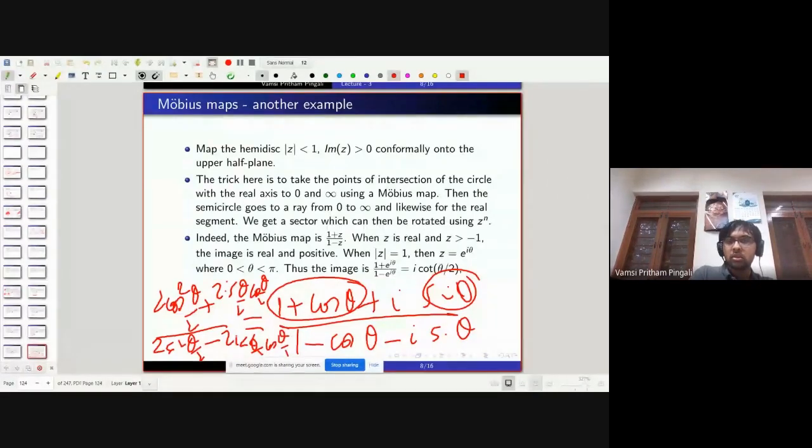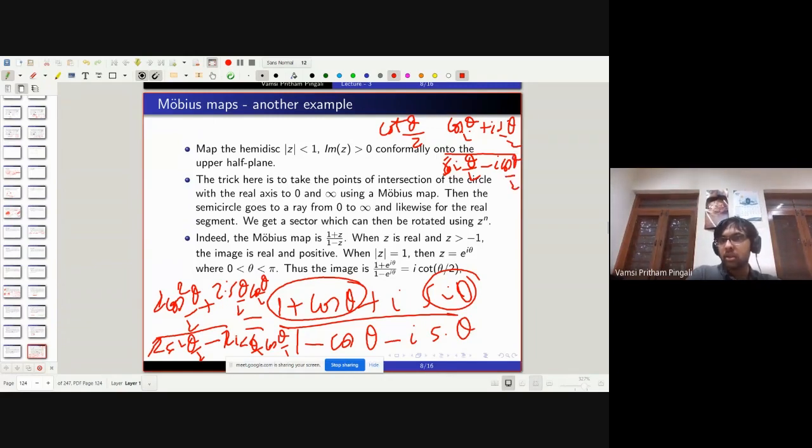The 2's cancel out, so you get cot theta by 2 times something, which is just i. Anyway, a very quick calculation tells you that this image is purely imaginary. In other words, this goes to this and this, but this goes to this.